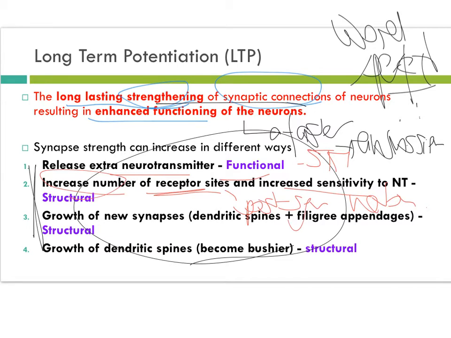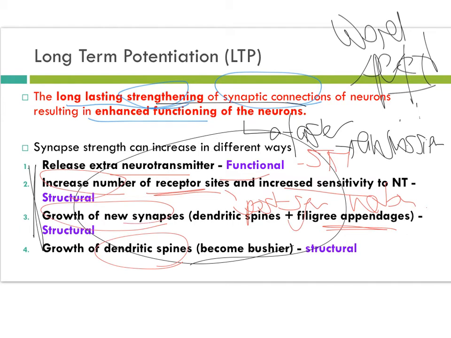We have the growth of dendritic spines down here, so we get bushier dendrites, and you can say that. We also have growth of sprouts or filigree appendages, and together with the growth of the dendritic spines, they actually make more connections. So what's actually occurring is an increase or a growth of new synapses.